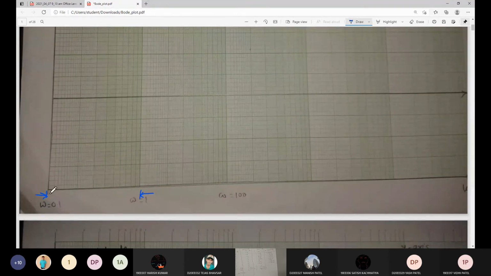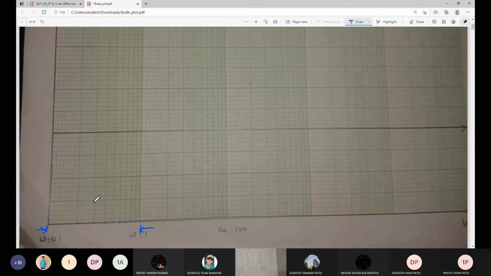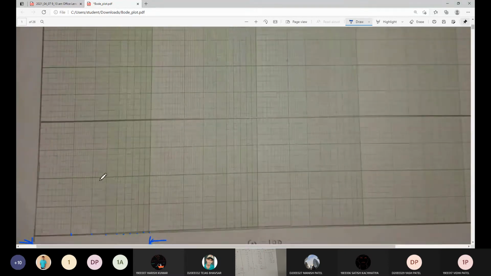If I am starting from 0.1, 0.2, 0.3, 0.4, 0.5, 0.6, 0.7, 0.8, 0.9 and 1, it is going to be multiplied by 10. Are you getting me? Let me zoom.